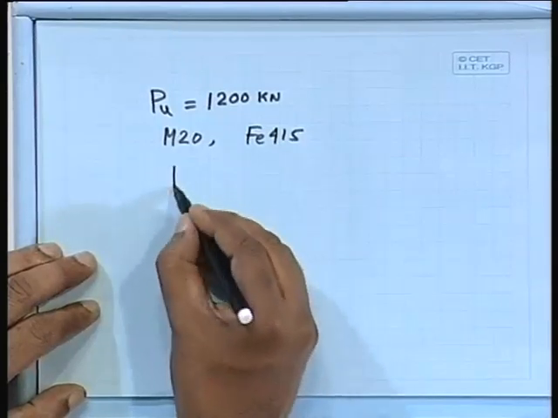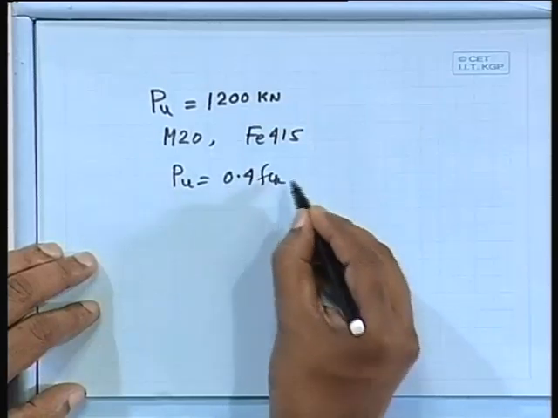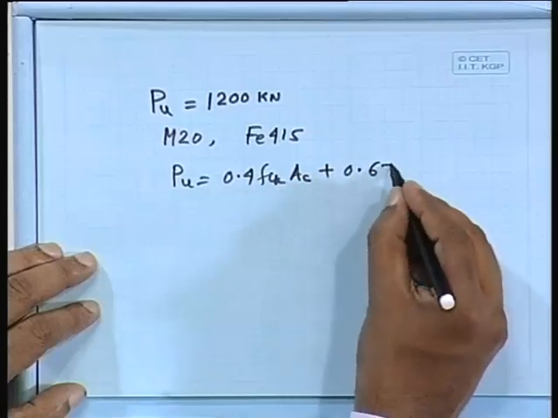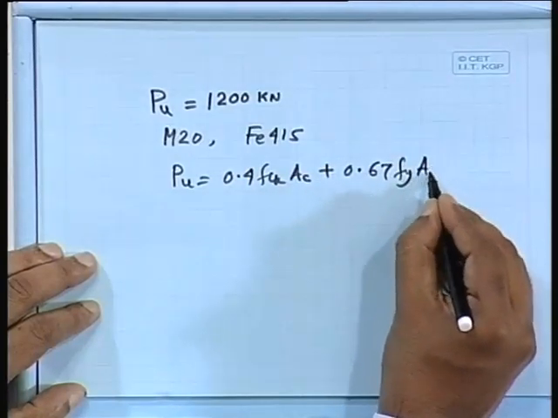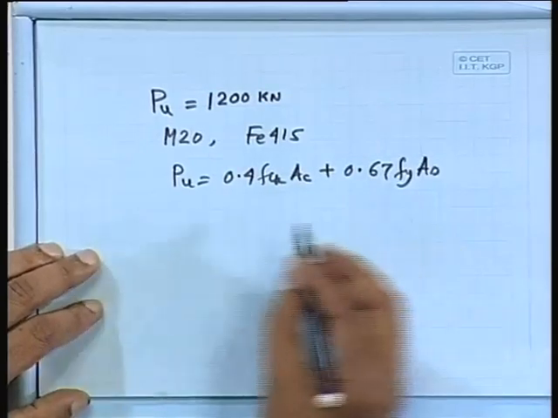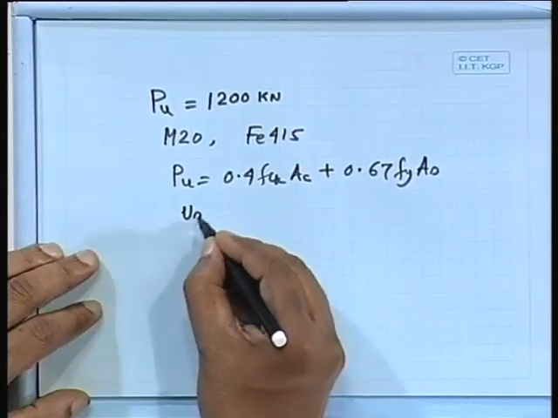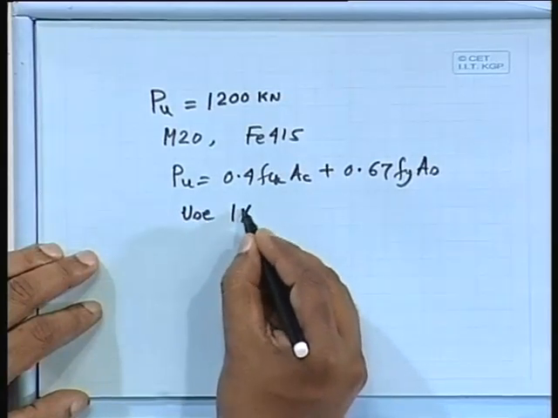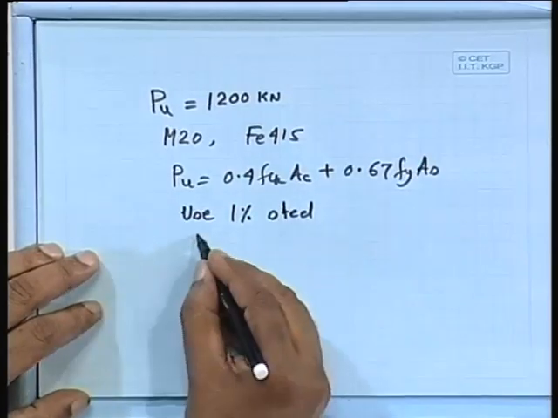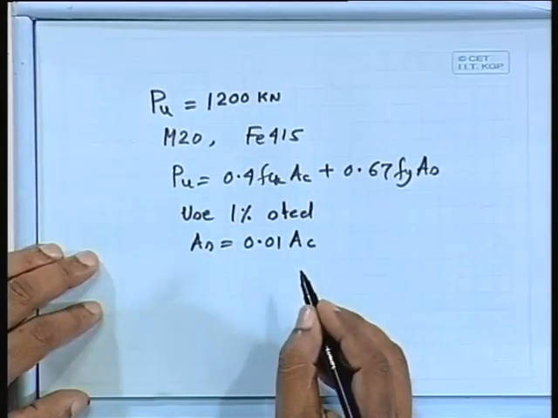we shall find out, we know PU equal to 0.4 FCK times AC plus 0.67 FY AS. What we shall do here, we can assume that we shall use 1% steel. So we can say AS equal to 0.01 AC. Okay.